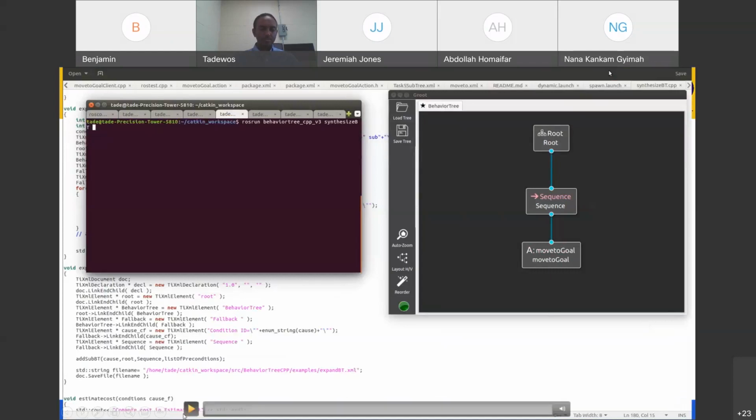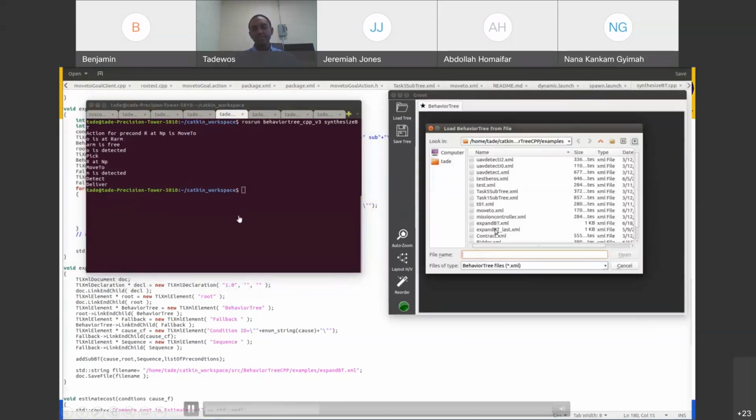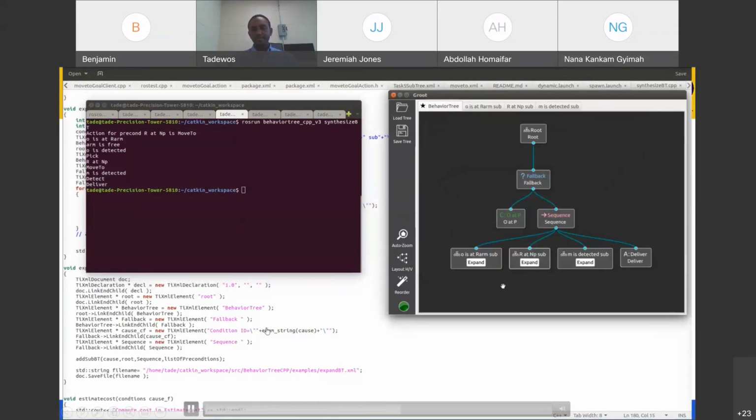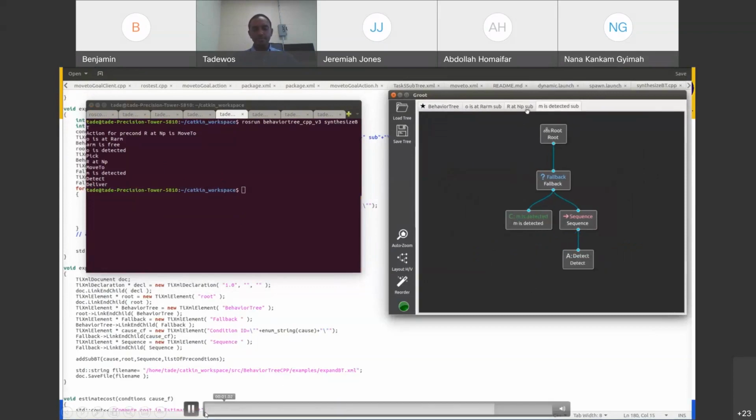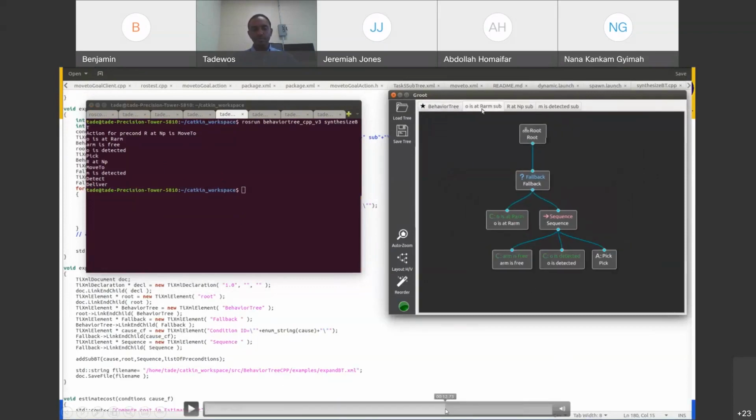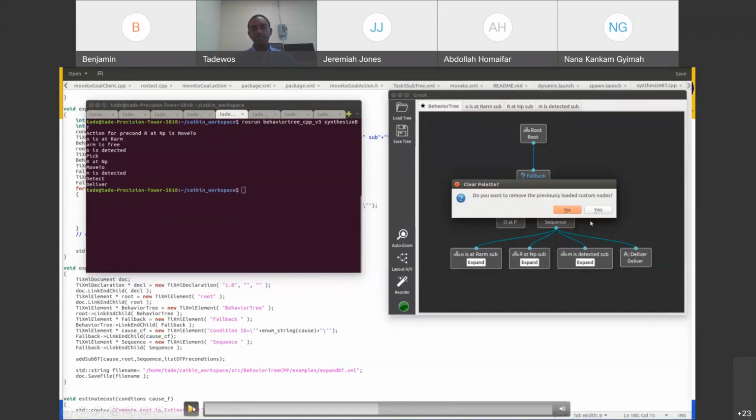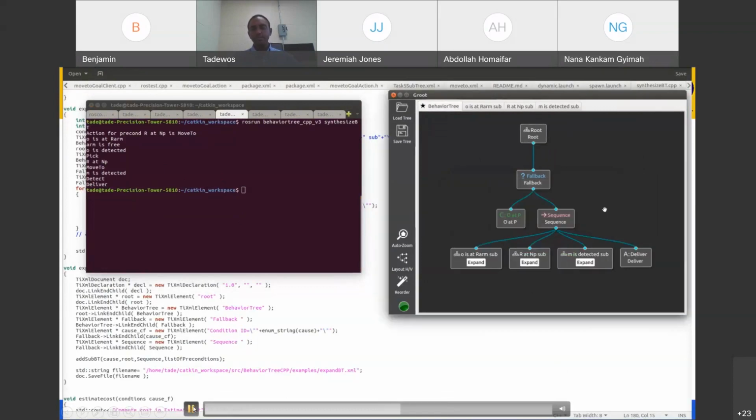Here I will show you the behavior tree synthesis. It will automatically synthesize the behavior tree from the mission goal. Here you can see it is the one I discussed earlier, but I also added the pick functionality.